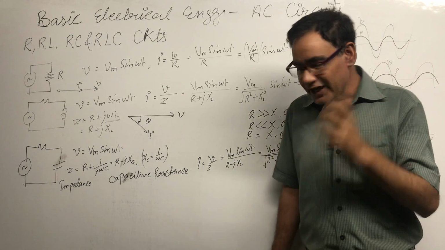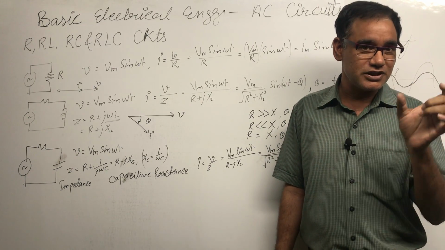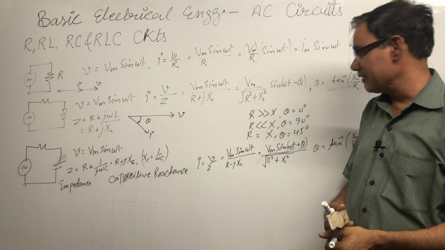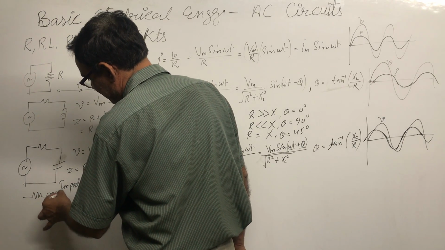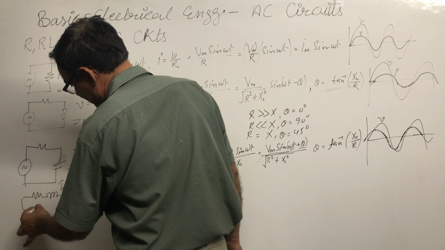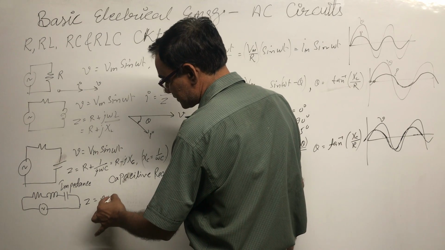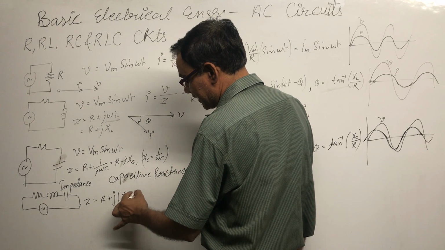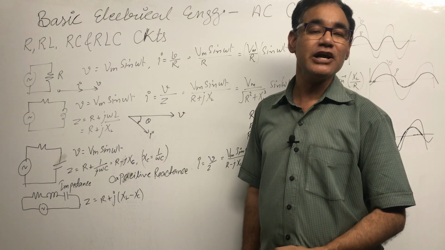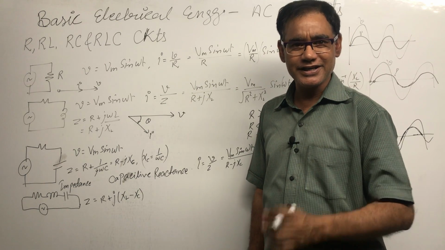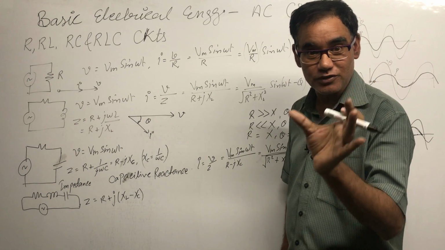Therefore, if there is R, L and C, all the elements in one particular circuit, then the total impedance is R plus iota (XL minus XC). Why? Because XL is always positive and XC is always negative. This is the total reactance, the difference of these two.